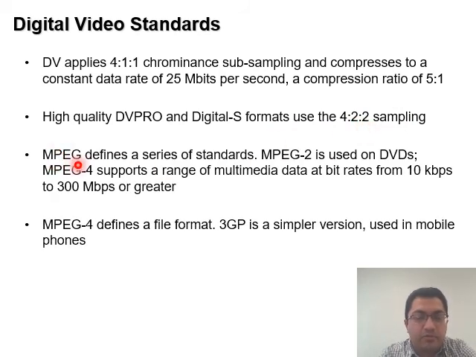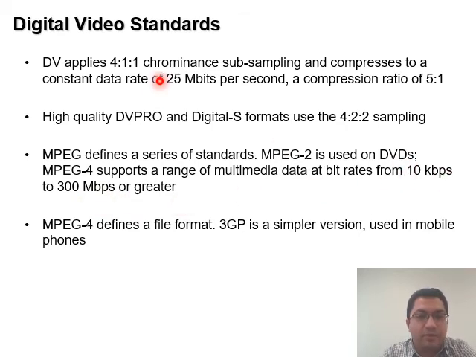Now, when it comes to further compression, the MPEG standard defines a series of standards. There is MPEG 2 and MPEG 4. What's the difference between these? MPEG 2 is used on DVDs; it's actually used to create DVDs for videos. MPEG 4 supports a range of multimedia data at bit rates from 10 kilobits per second to 300 megabits per second.